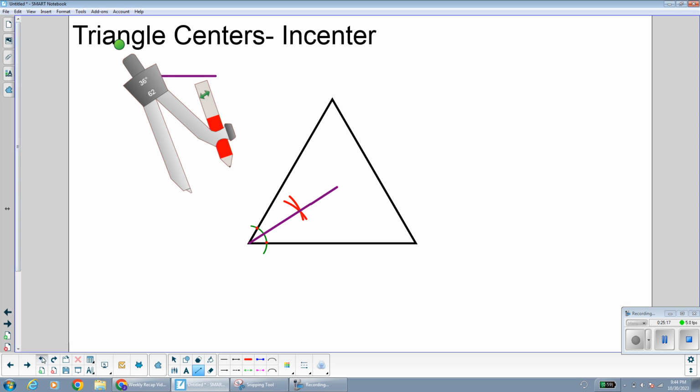Now we're going to do it for another angle in the triangle.